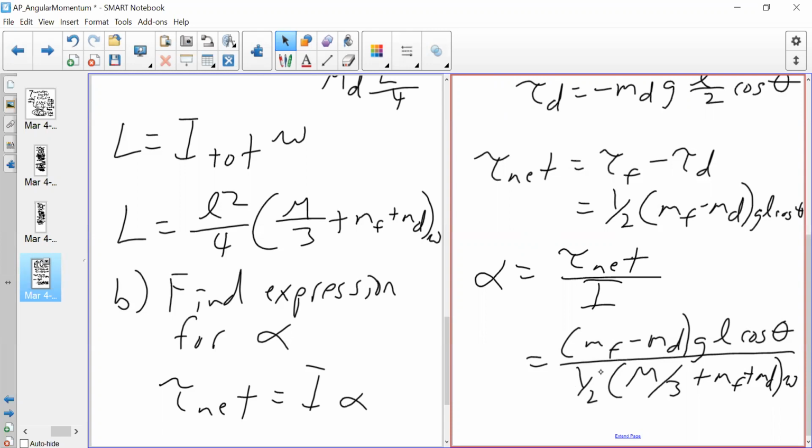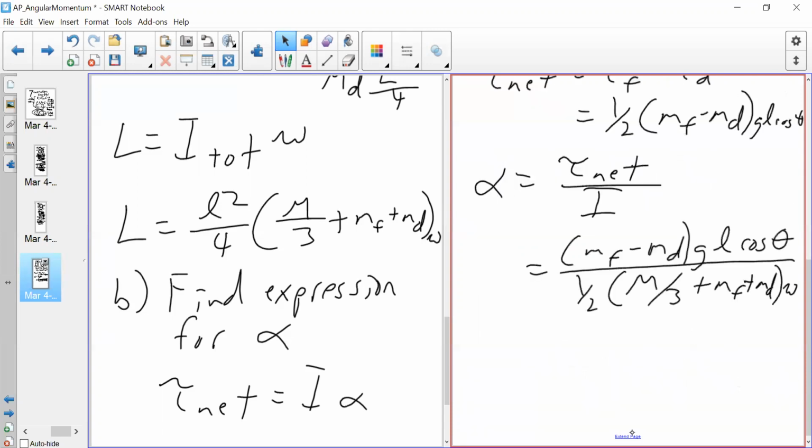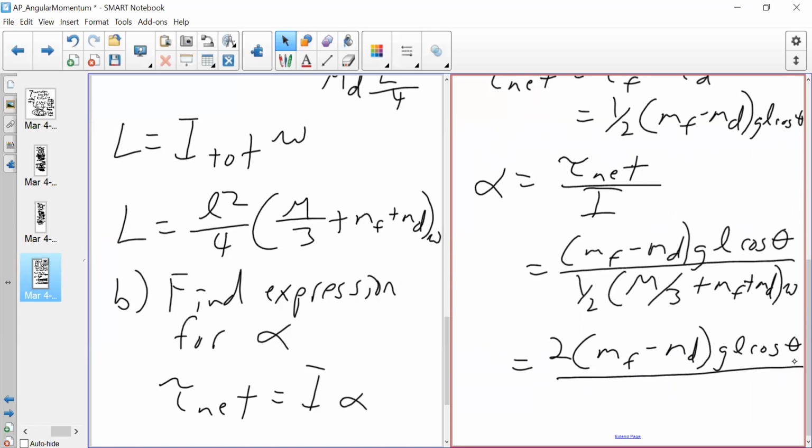When we do the math here, we want to get this expression to be 1/2 on the denominator. But then we can do something even better, get rid of the 1/2 on the denominator, and that becomes 2 mf minus md, GL cos theta over, and so that would be our arbitrary expression for alpha.